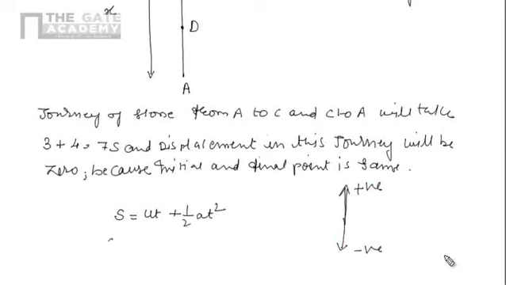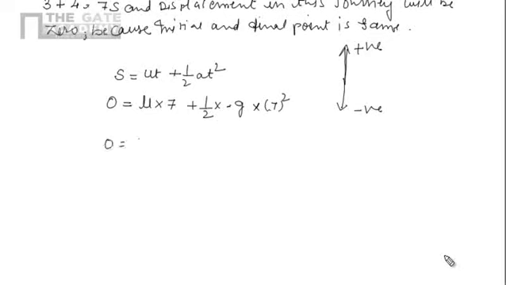Total displacement is 0, u times total time taken, 7 seconds, plus 1 by 2, g is acting in the downward direction, so it's minus g according to our sign convention, into 7 square. So we have 7u minus 1 by 2 times 9.81 into 49.